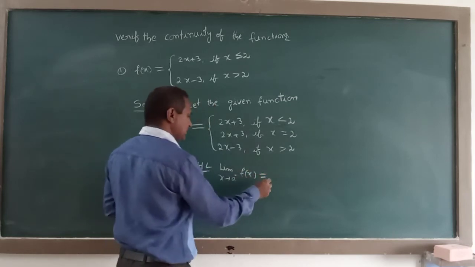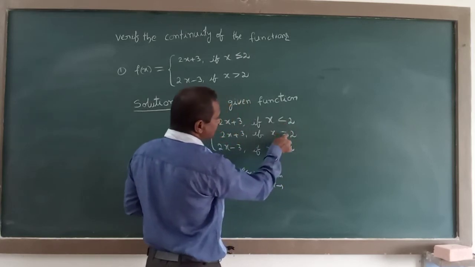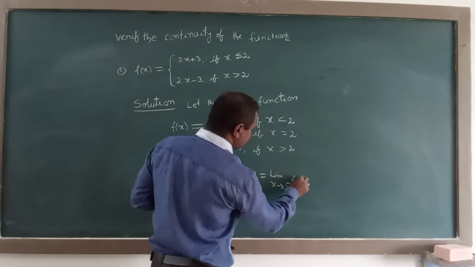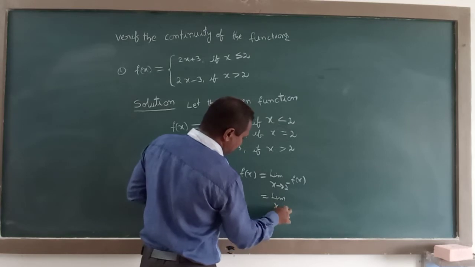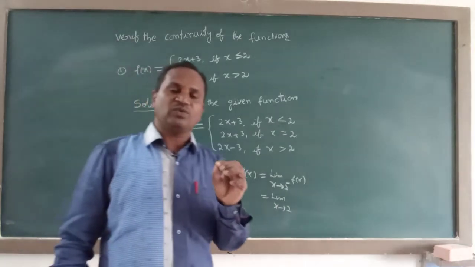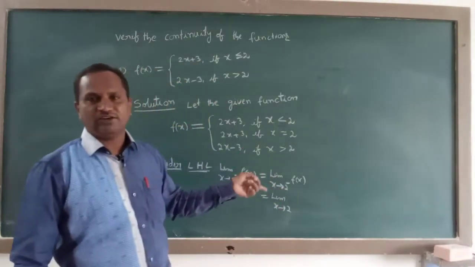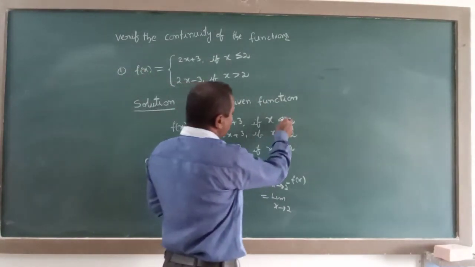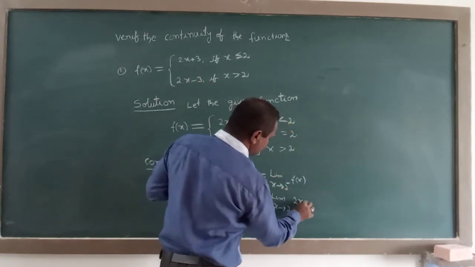The minus only represents the left hand limit; you may write it or not as you wish. For f of x corresponding to the less than symbol, you must write 2x plus 3.